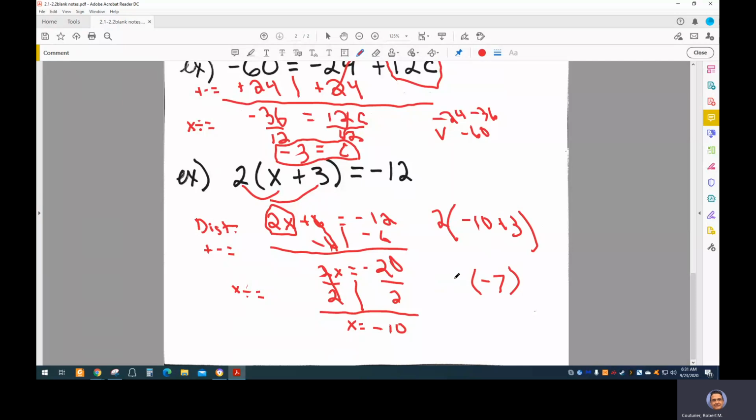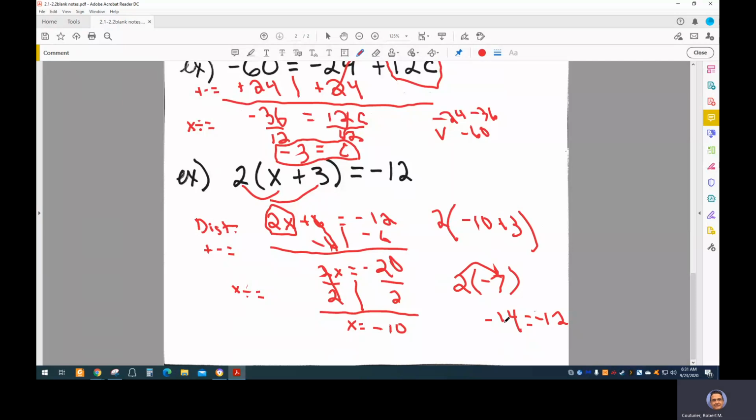And then we have a 2. We distribute. Did that work? Does negative 14 equal negative 12? No. We have done something wrong somewhere in this problem.